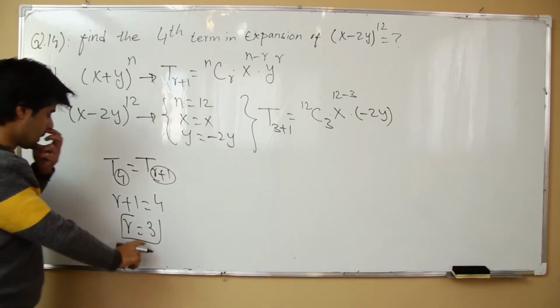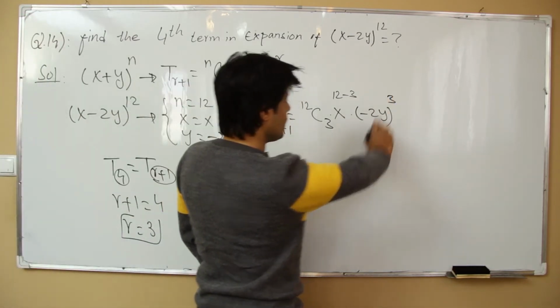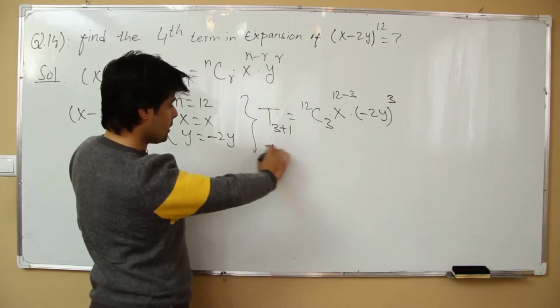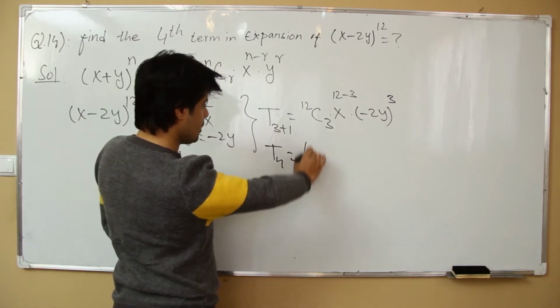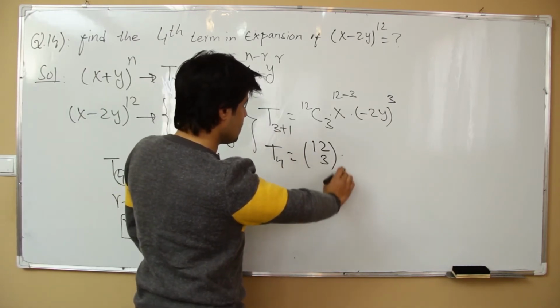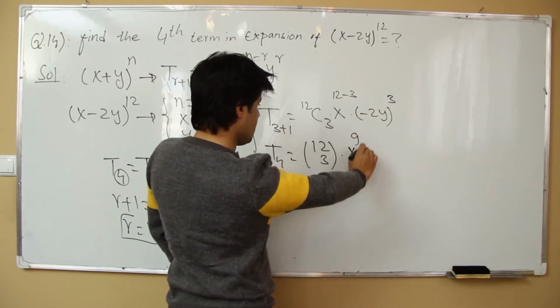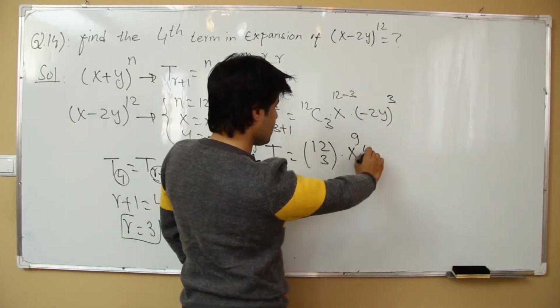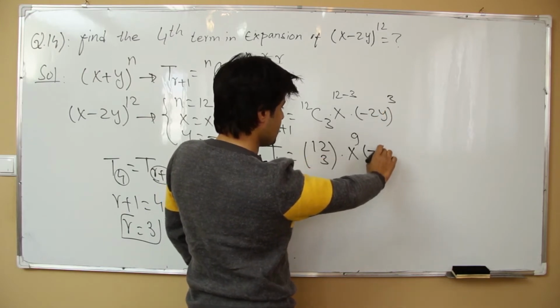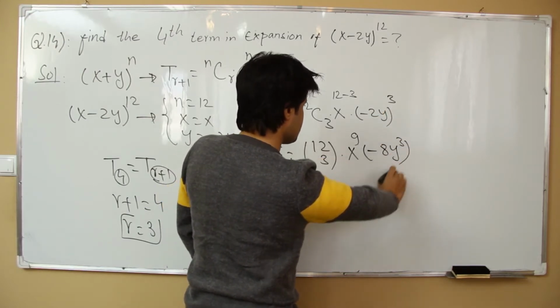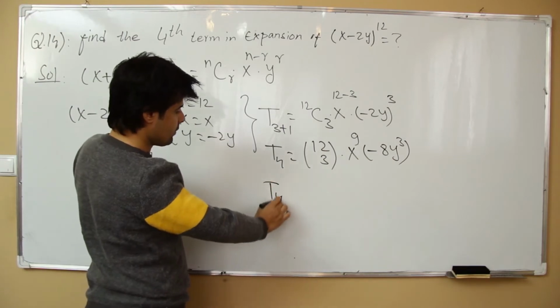What is r? r is 3. Now this is T4, T(3+1) is T4. This one means 12C3, and this one is x to the power 12 minus 3, it's 9, and minus raised to the power odd number, it's minus 2 raised to the power 3, it's 8, 8y cubed. Now you have T4.